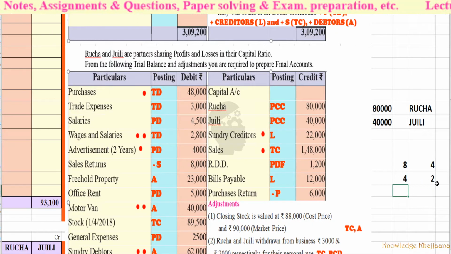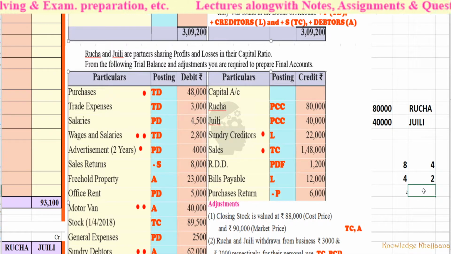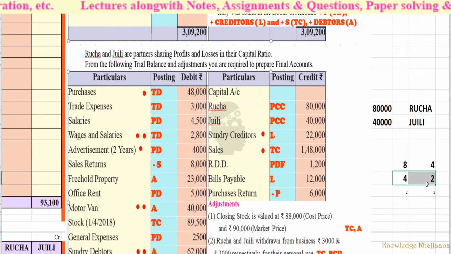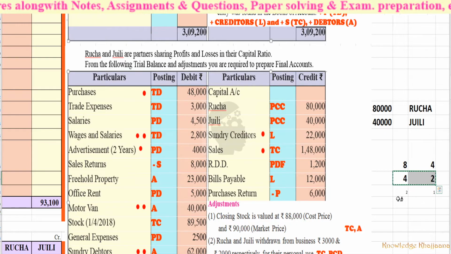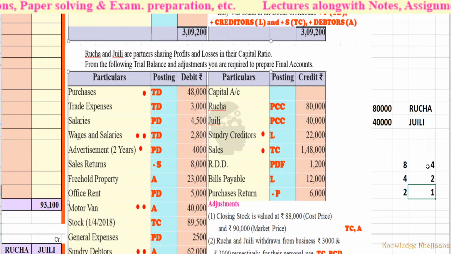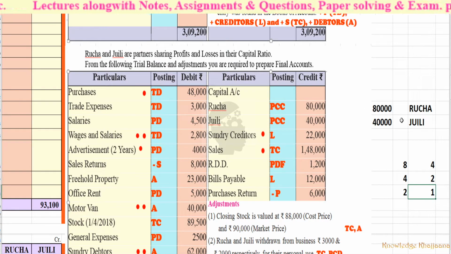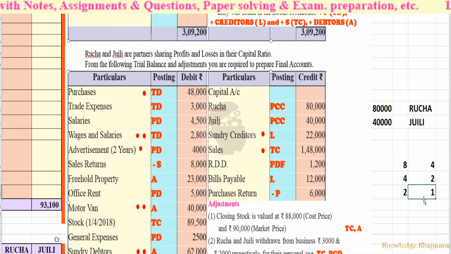Again, 2 2s are 4 and 2 1s are 2. So what is the LCM? What is the lowest ratio between them? It is 2 is to 1. 8 is to 4 means 2 is to 1. So we have to distribute whatever profit or loss to them in the ratio of 2 is to 1.